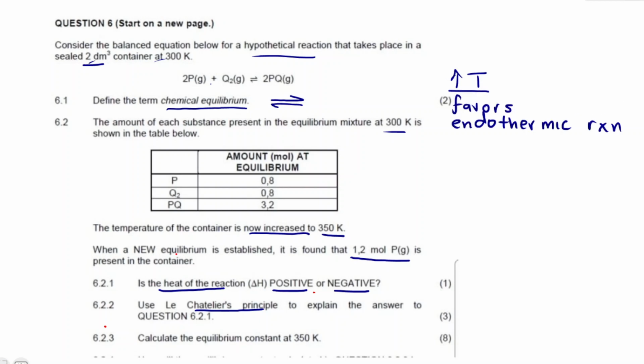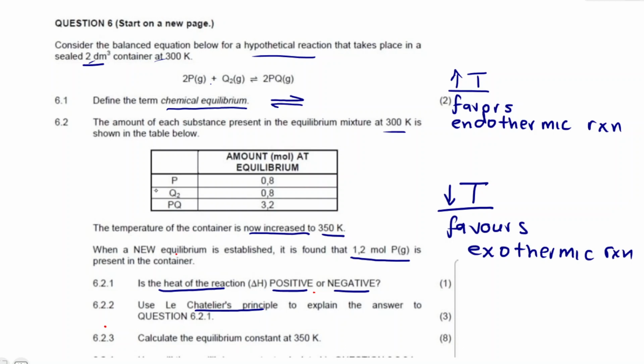So this is the principle that we know. An increase in temperature favors the endothermic reaction, and we know that a decrease in temperature will favor the exothermic reaction. So these are the principles that we know. An increase in temperature favors endothermic reaction. A decrease in temperature favors exothermic reaction.